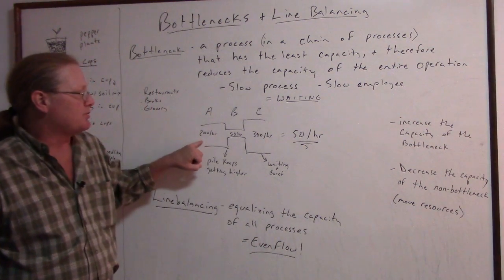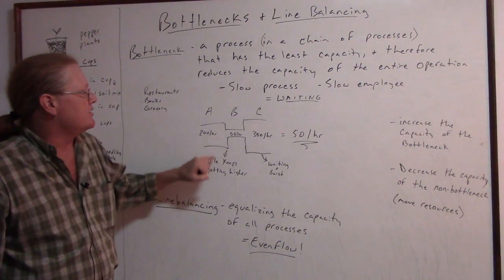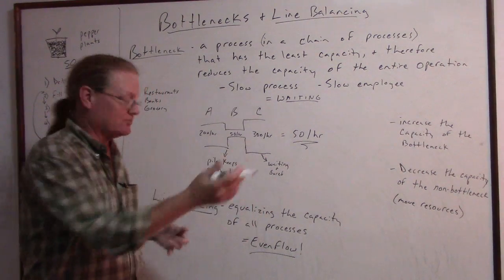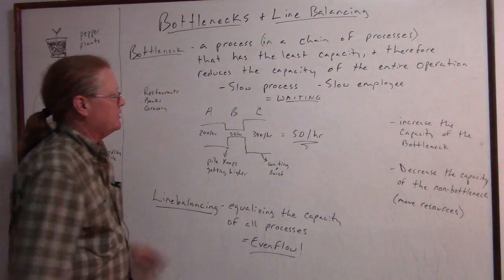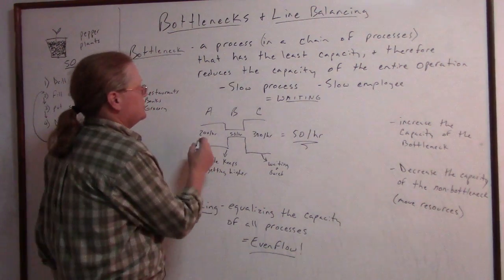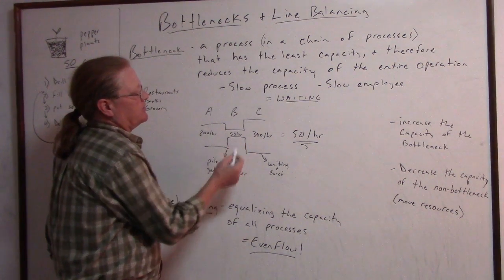It's pretty obvious when you go to an operation and just look. If this operation is too fast, there'll be a pile of unprocessed items here, and the pile will keep getting higher, because if they're working at their normal capacity of 200 per hour, the next process can only do 50.